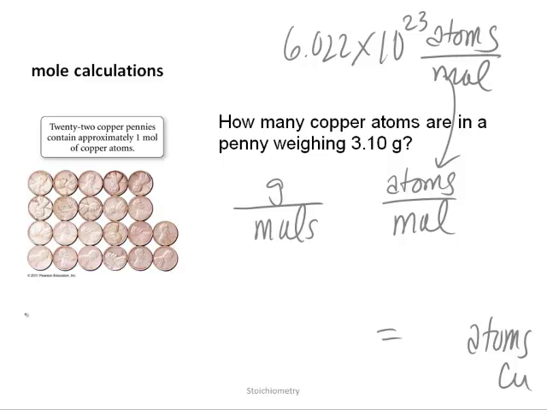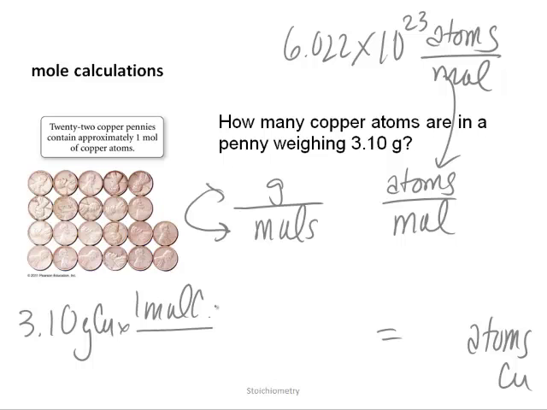Okay, if we're going to start out with 3.10 grams of copper, we're going to use the reverse of this, a conversion factor that puts grams on the bottom so we can cancel out grams. 1 mole of copper. Look on our periodic table, and mine says 63.546 grams of copper.